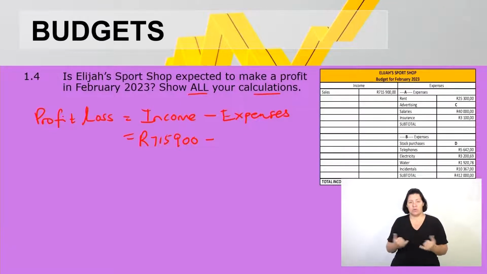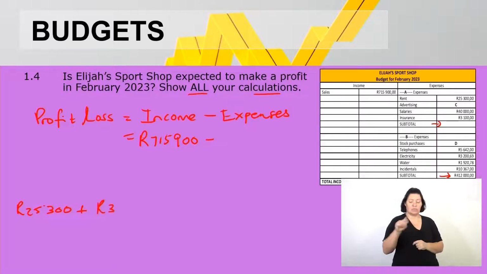So now I already have the subtotal of your variable expenses, but I still need the subtotal of your fixed expenses. That should be simple. I'm going to quickly write it down for you. I'm going to use the rent, that is 25,300 rand. Plus, remember, we calculated the advertising expense to be 32,000.